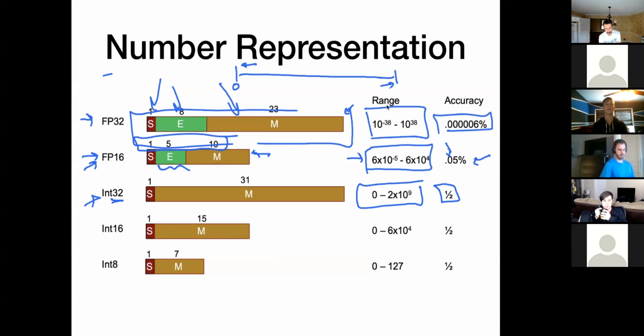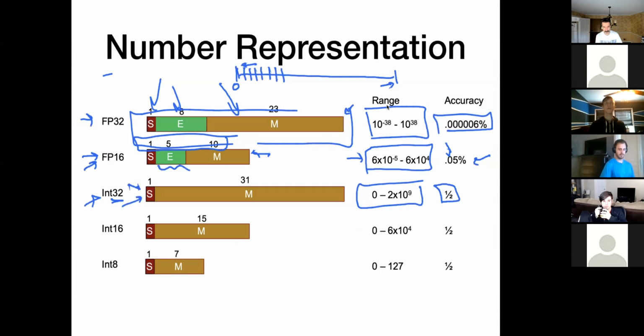But for the integer values, it doesn't really matter where you stand. All the time you have a fixed space between each of these values that you can represent with this structure, because these are integers.